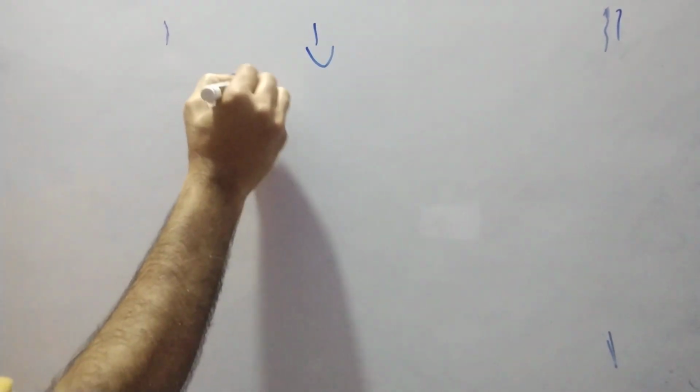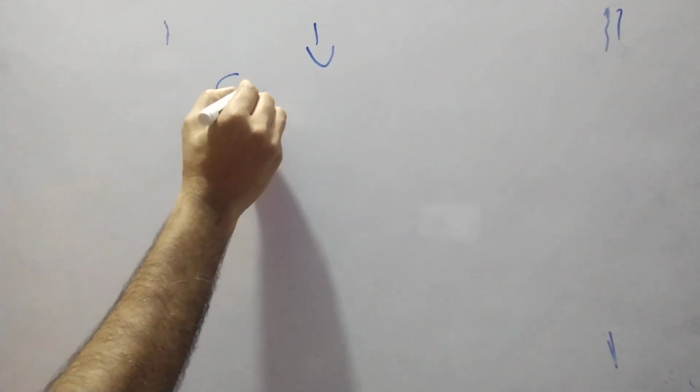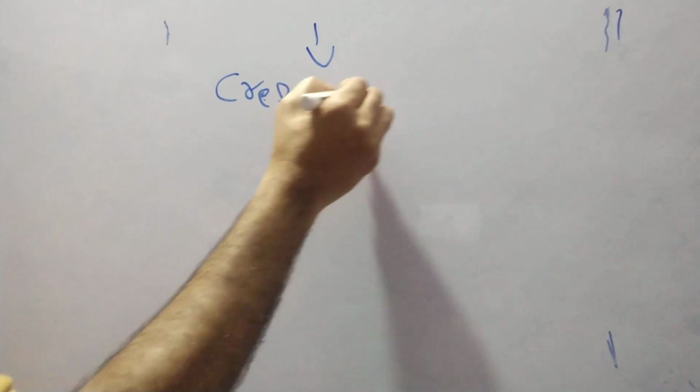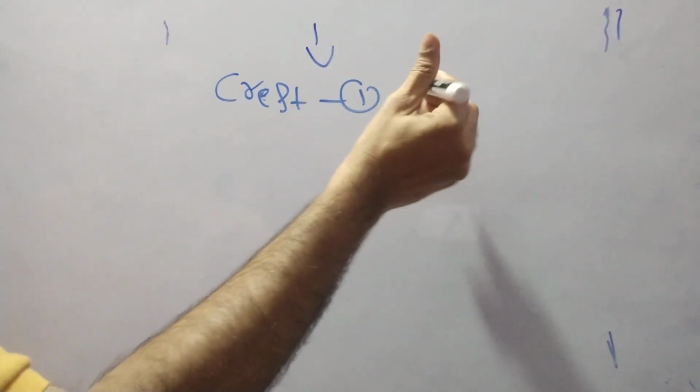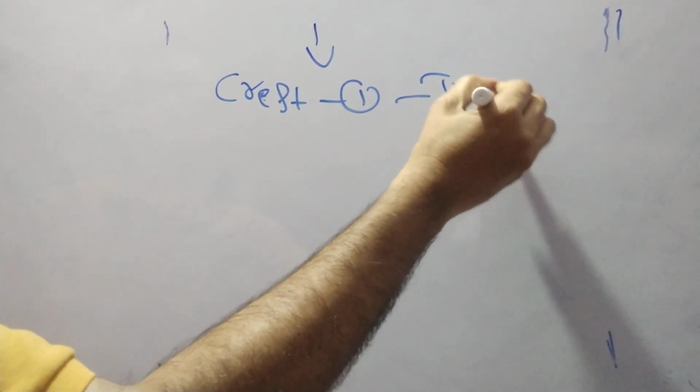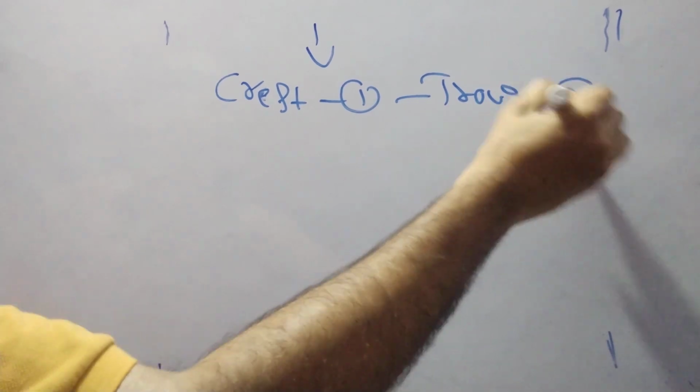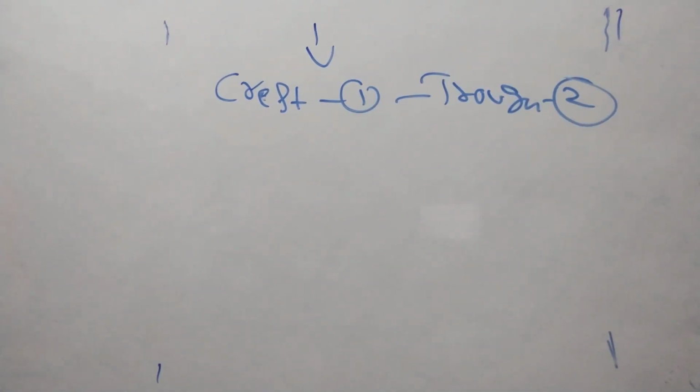Next, destructive interference: we superimpose the waves such that the crest of the first wave is superimposed on the trough of the second wave. The crest of the first should be superimposed on the trough of the other wave.